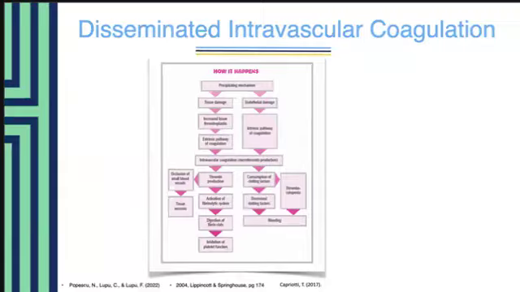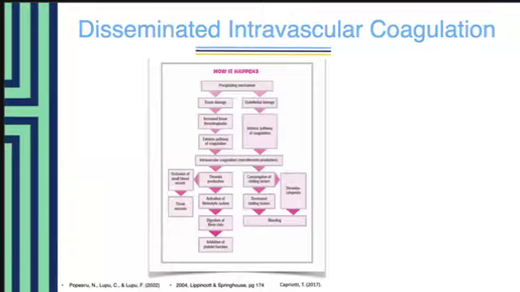Now, the excessive activation of the coagulation cascade results in formation of numerous microthrombi throughout the body's microvasculature. This process rapidly consumes that clotting factor and platelets, and that leads to their depletion and subsequently bleeding complications, which are very characteristic of DIC.